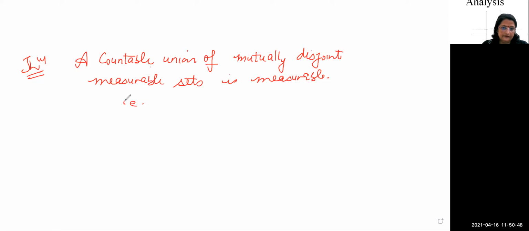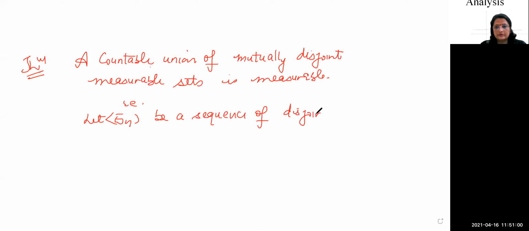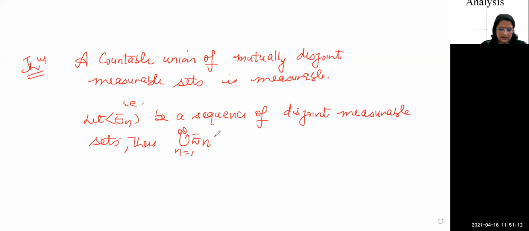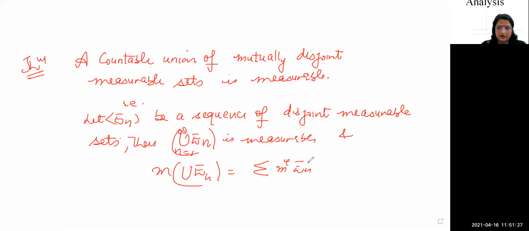That is, let En be a sequence of disjoint measurable sets, then the union n running from 1 to infinity of En is measurable, and the measure of the union of En is equal to the summation of the measure of En, n running from 1 to infinity.